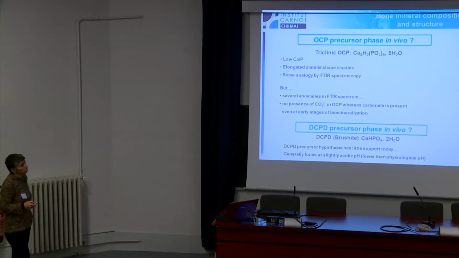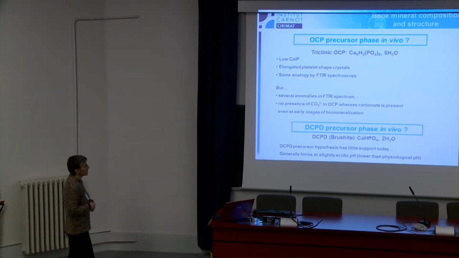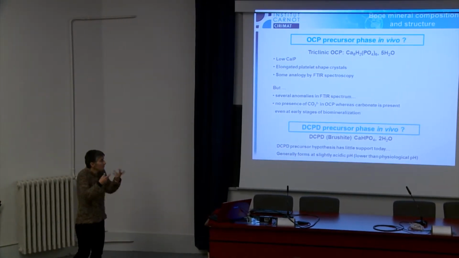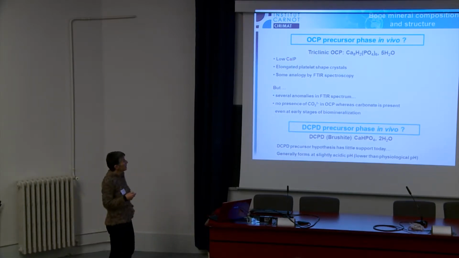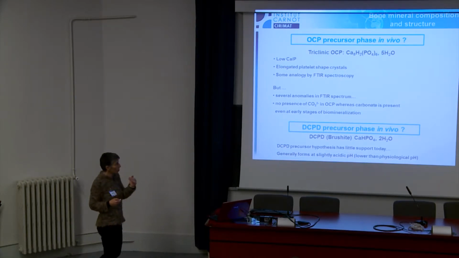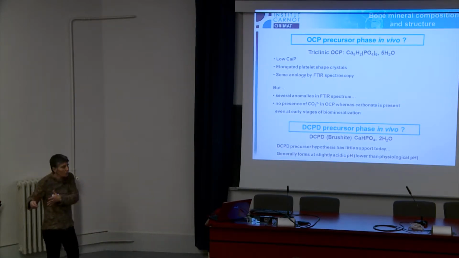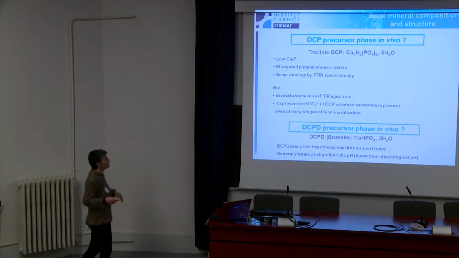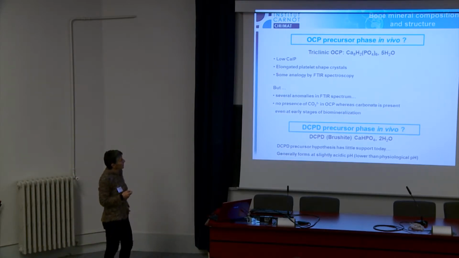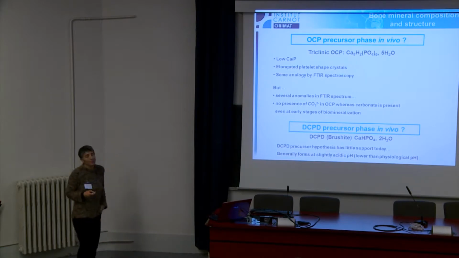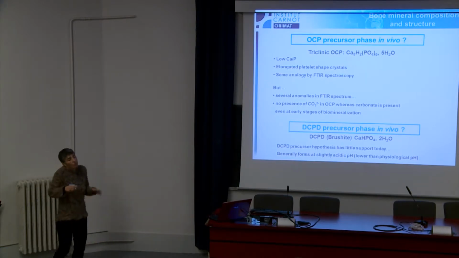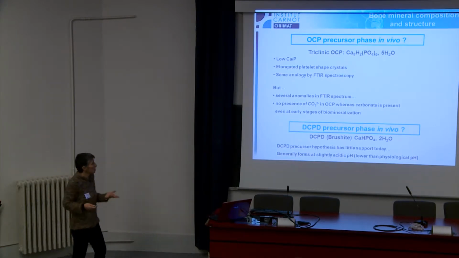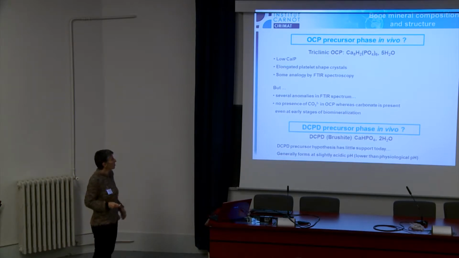There are some characteristics in favor of proposing this phase as a precursor. It has a low calcium-to-phosphorus ratio, lower than stoichiometric apatite, so closer to biological apatite. It has elongated platelet-shaped crystals, which are closer to what we saw for biological apatite.